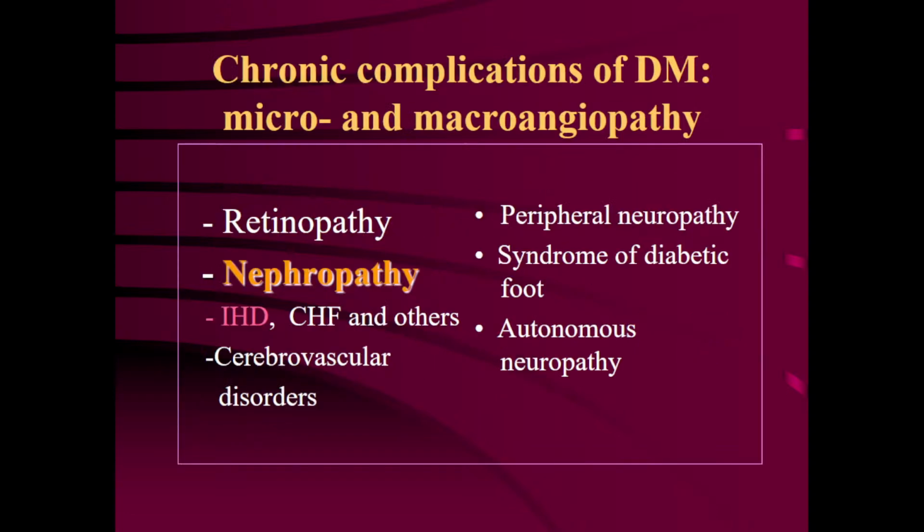The next, chronic complications of diabetes mellitus. I hope that everybody knows that they are micro and macroangiopathy. Microangiopathy manifestations and locations are different, and the most important location for arterial hypertension for diabetes patients is nephropathy, kidneys.